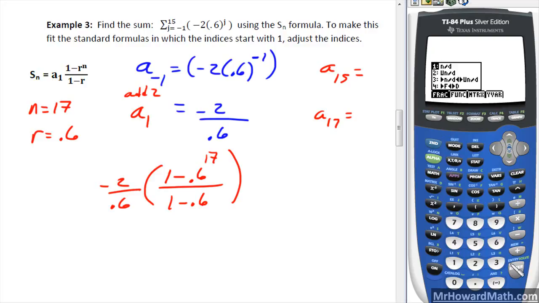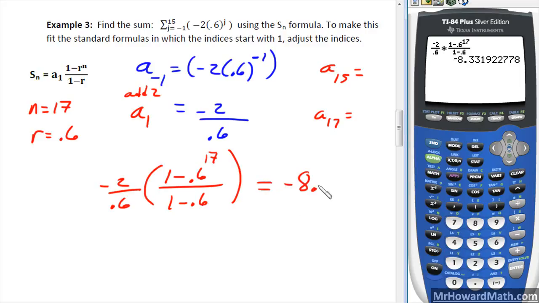Let's use the fraction button twice, why not? -2 over 0.6, and then times, now fraction button again, and we have 1 minus 0.6 raised to the 17th, all over 1 minus 0.6, and that gives us, we'll round to 3 places, negative 8.332 is our answer there. So that finite geometric series would be negative 8.332.